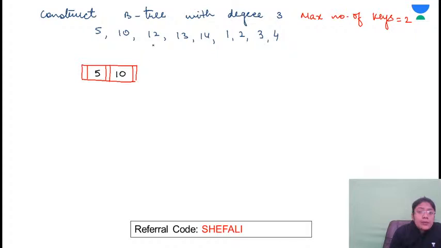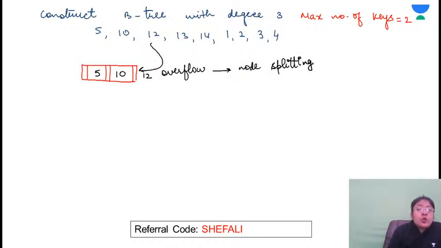Now 12 is coming up. When 12 is coming up, this is a case of overflow. Whenever there is a case of overflow, in that case we'll go for the concept of node splitting. Node splitting means the node will be divided, because now all the elements you cannot fit in this one node, right?